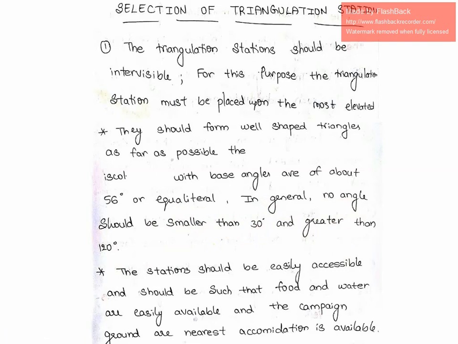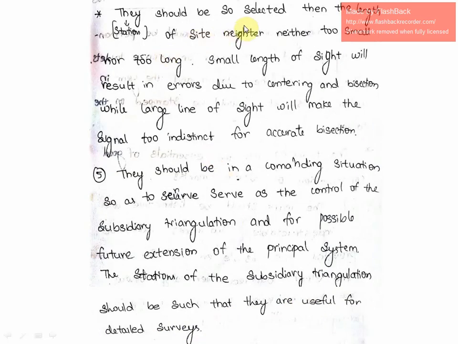The station should be easily accessible, that is, such that food and water should be easily available. Next, the station should be so located that the length of the side is neither too small nor too long.